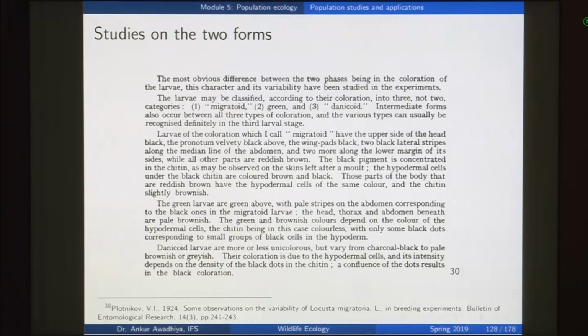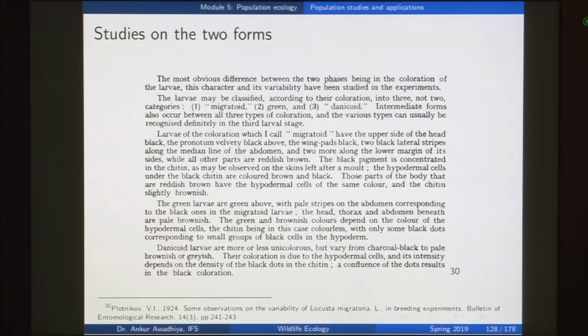Intermediate forms also occur between all three types of coloration, and the various types can usually be recognized definitely in the third larval stage. Now, as in a number of insects, this particular insect also has a number of larval stages, and the differences can typically be seen in the third larval stage.